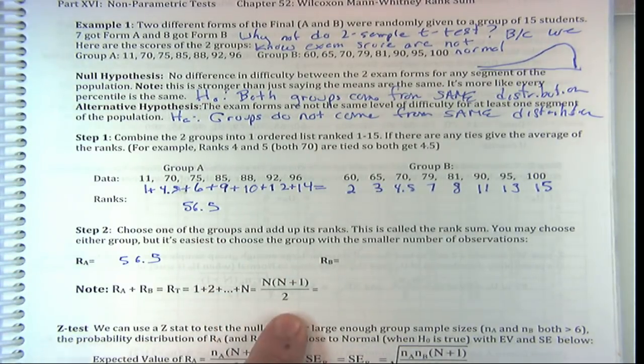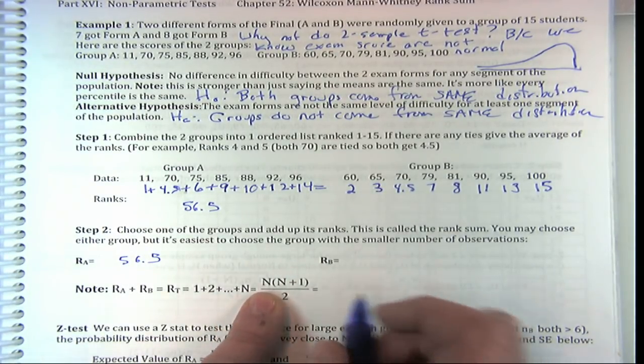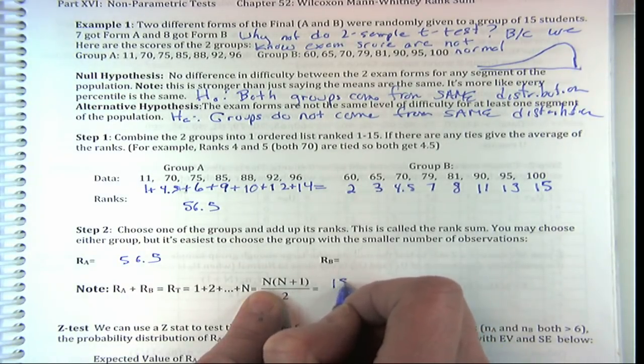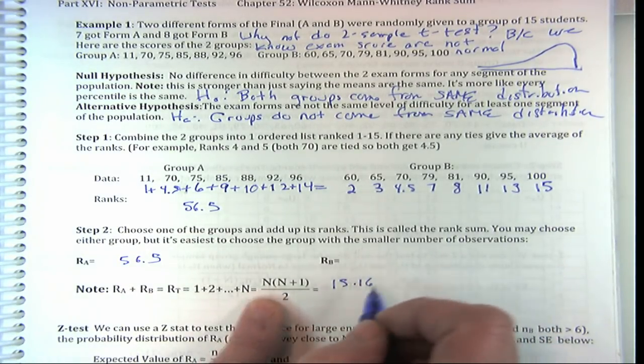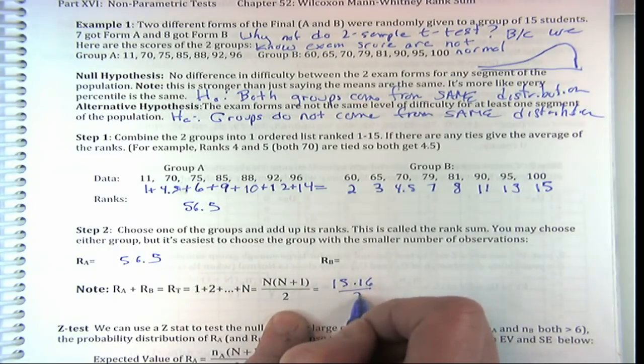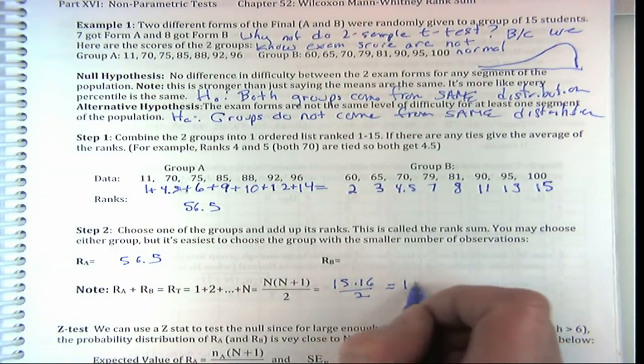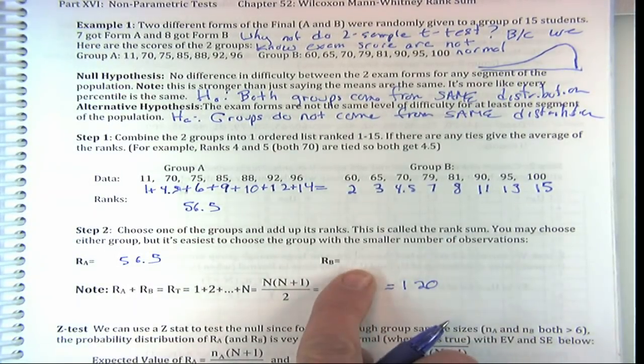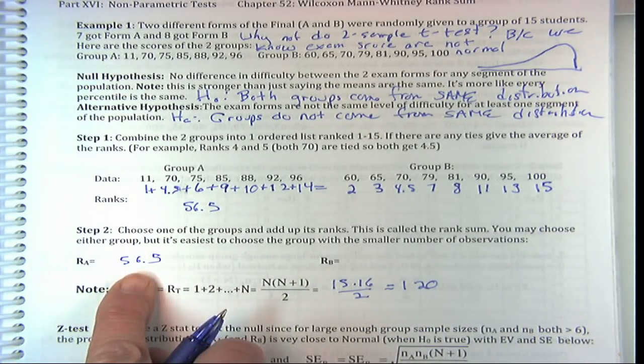So the formula says what? N is the overall number, which is 15, so 15 times 16 over 2, which is 120. So this right here has to be 120 minus 56.5.